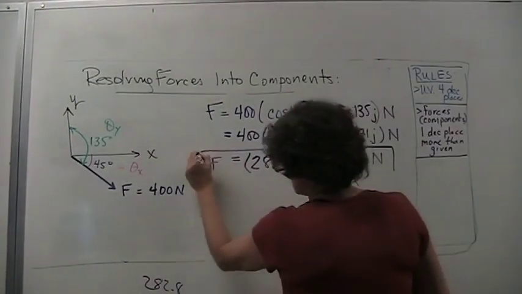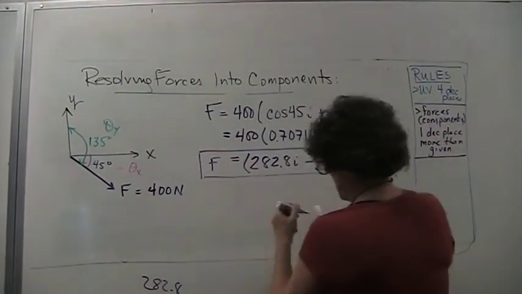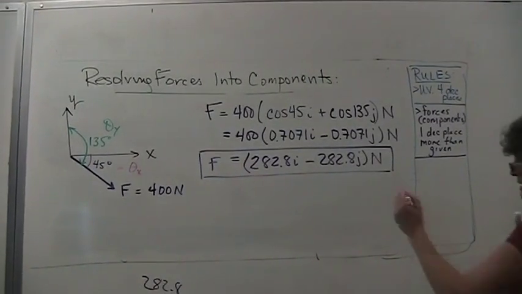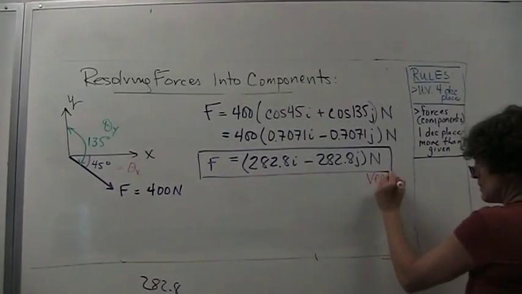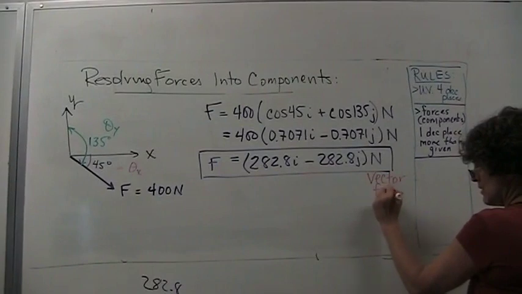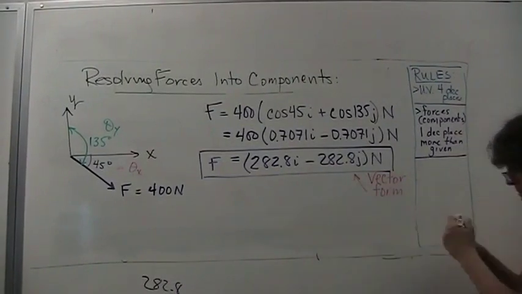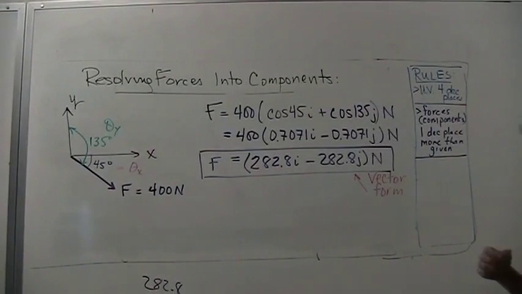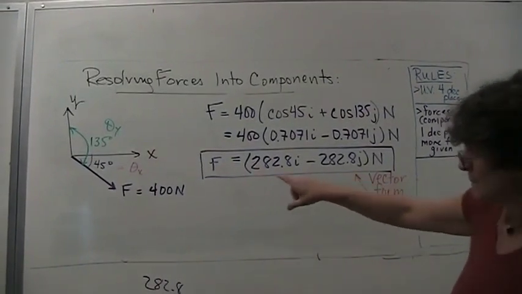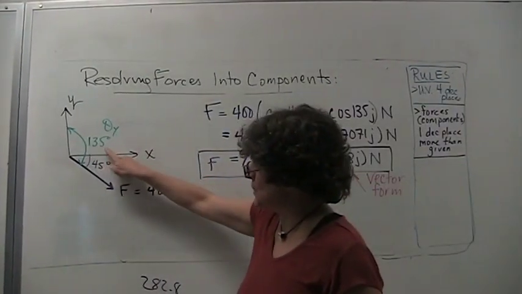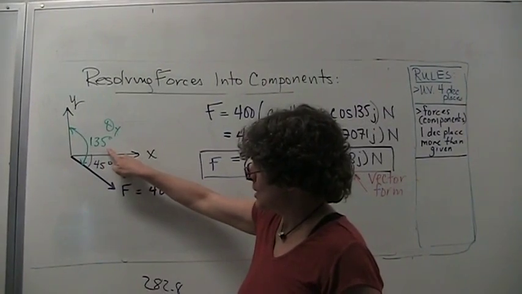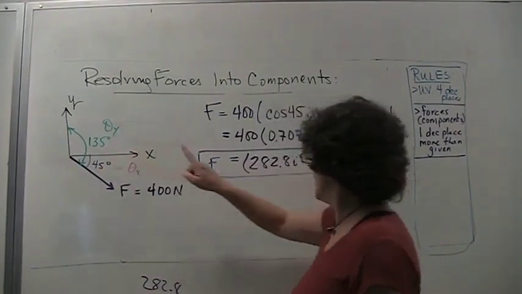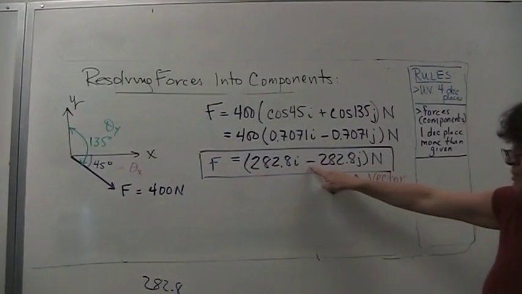And how are we representing our force right here? Remember, there are three ways to represent it. It is represented right here in vector form. So notice what happened. By using the cosine of 135, we're getting a negative value directly.